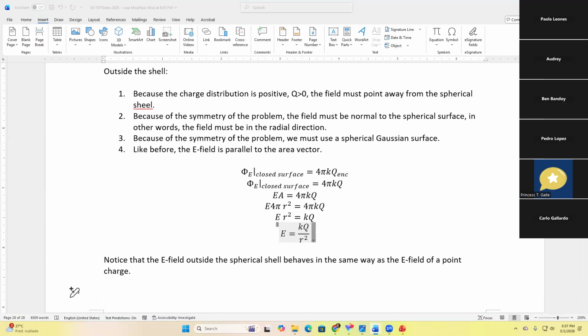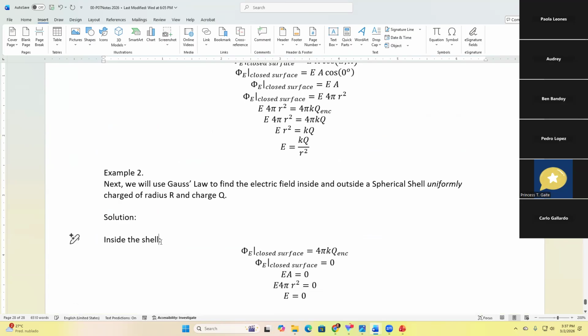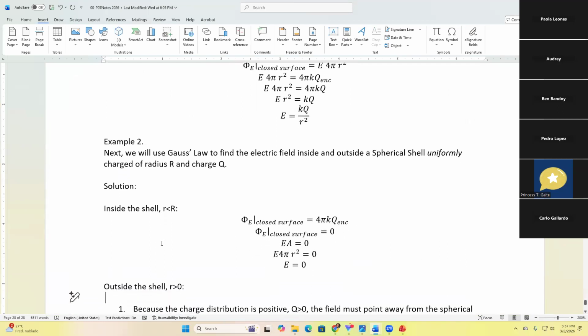Okay. Outside the shell, here you go, R greater than 0. R, no, not 0, sorry. Less than big R, right? Not greater than 0, it is greater than big R.